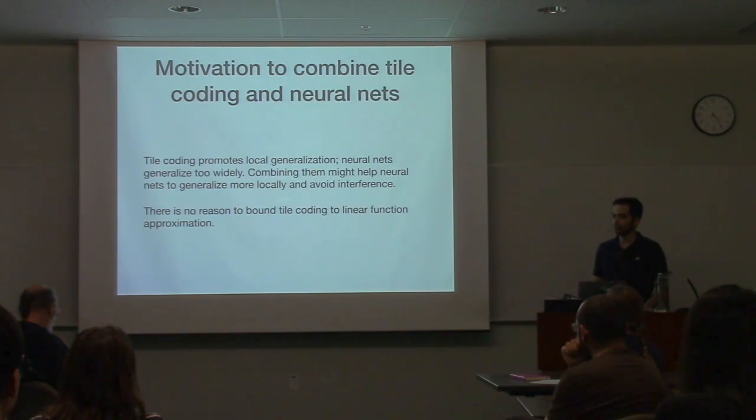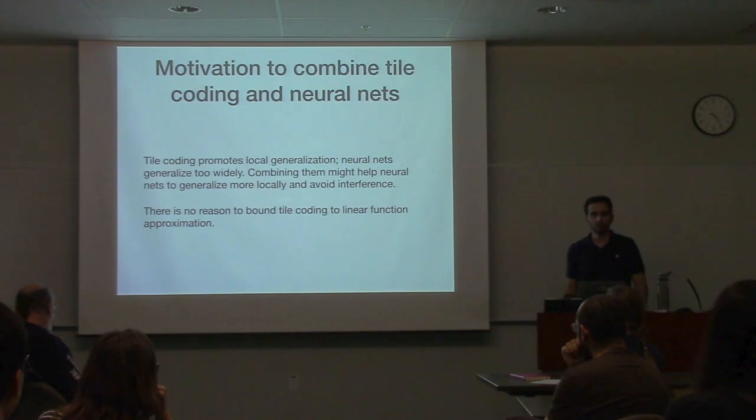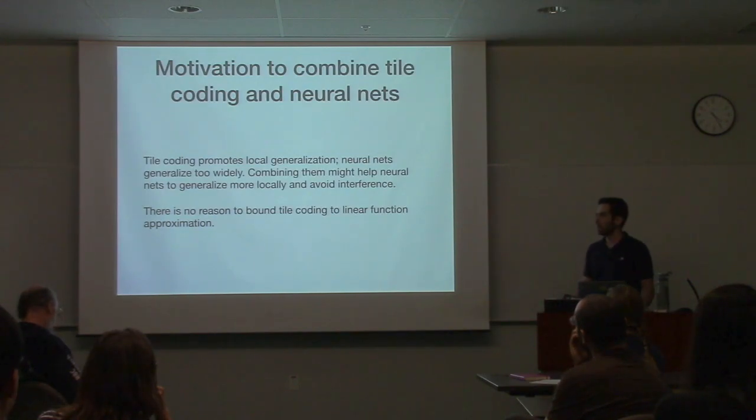Another motivation, which is a totally different motivation, is that tile coding works really well with linear function approximation. We don't have a reason not to combine tile coding with nonlinear function approximation. It might work really well with nonlinear function approximation as well.